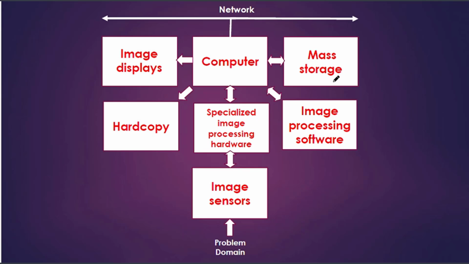And then after the processing, if you want to display that image, use some monitors, or if you want to take a printout, or a hard copy of the image, you need hard copy devices like printers, scanners and Xerox machines. All these things are connected to the network, and the network is also used to transmit our processed image. For the transmission, we need a lot of bandwidth because an image occupies a lot of space.